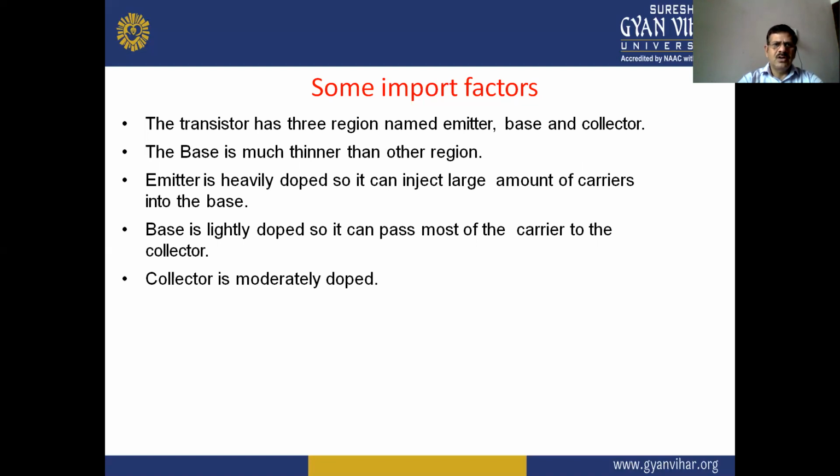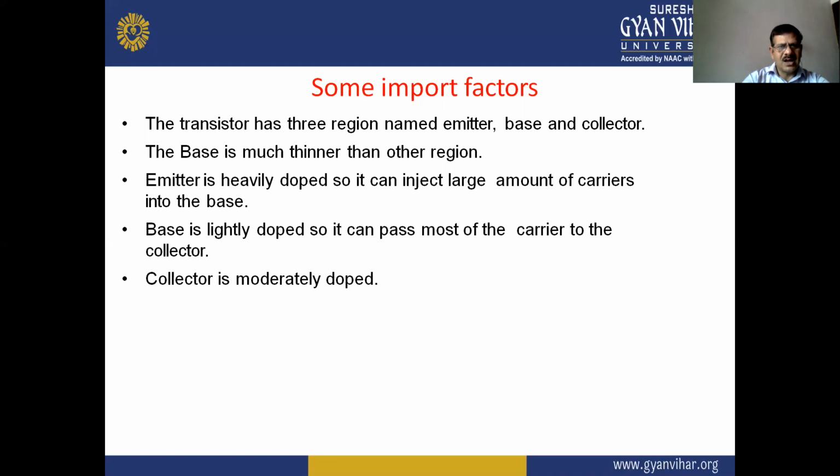Emitter is heavily doped, so it can inject a large amount of carrier charge into the base. The base is lightly doped, so it can pass most of the carriers to the collector.